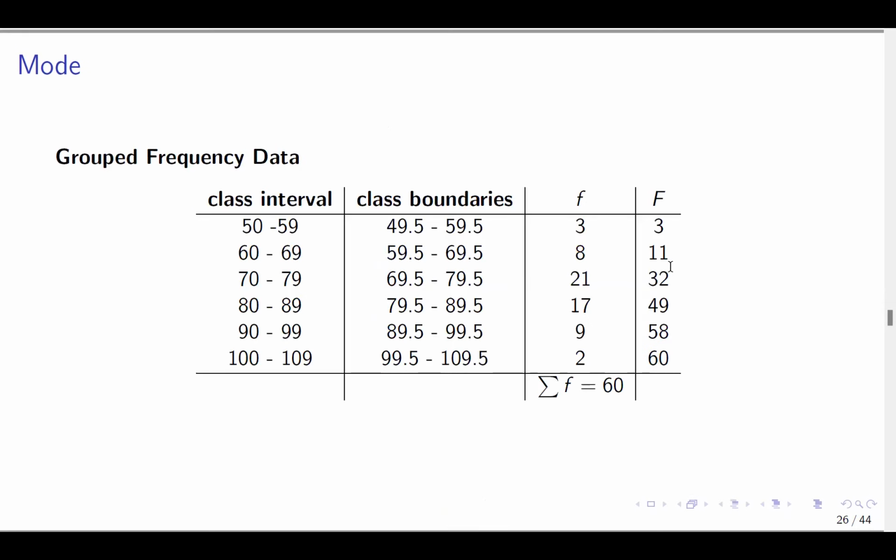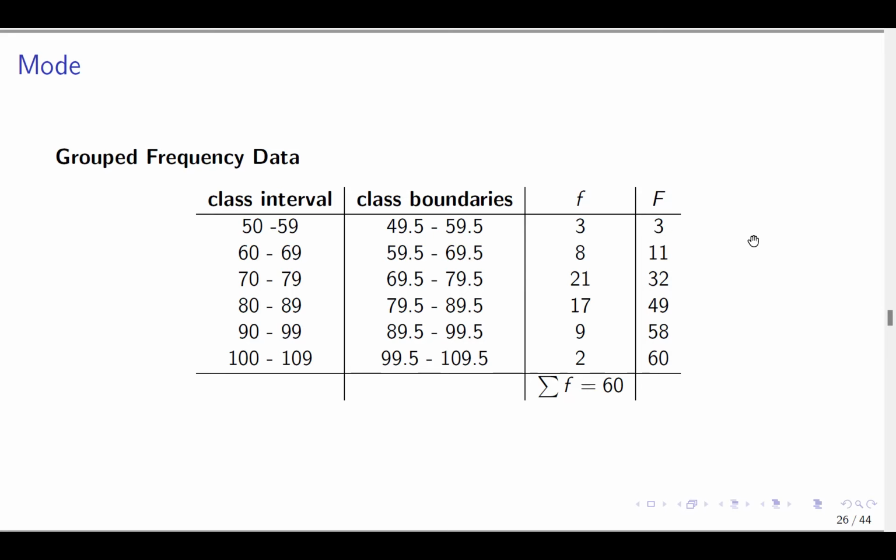Now let us look at the case of the grouped frequency data, where the actual data points are not available to us. We have here the class intervals, the class boundaries, the frequencies, and this is the column of cumulative frequencies. What happens here is that you are summing up the frequencies at every point.